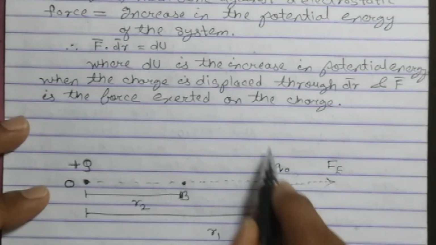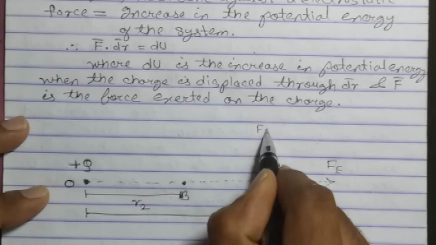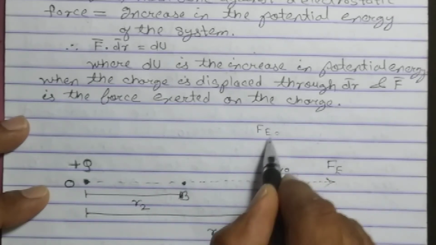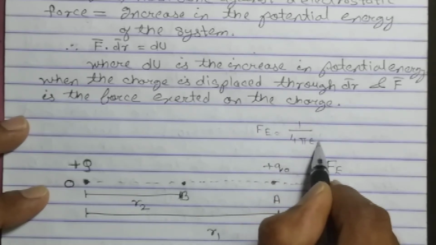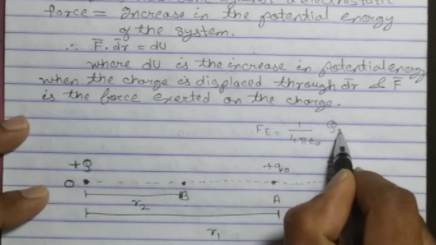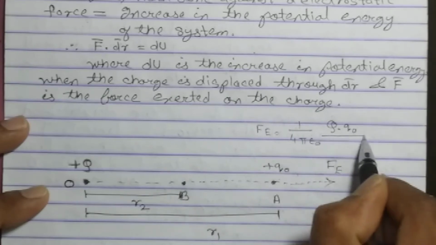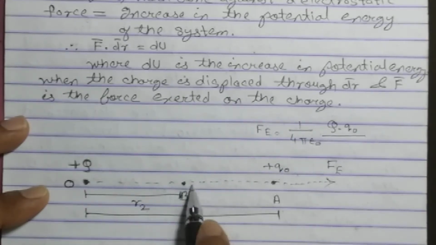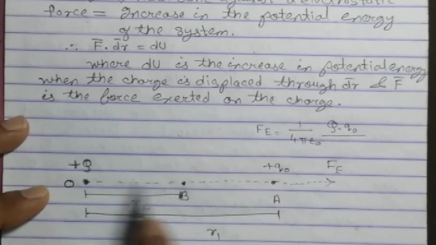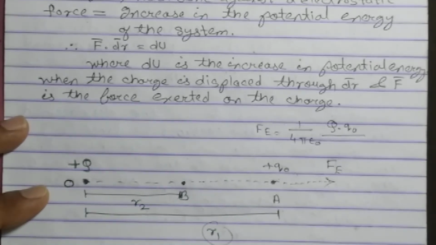What is this electrostatic force? Magnitude of this electrostatic force, you know that according to the formula, electrostatic force is given by 1 upon 4 pi epsilon naught, product of the charges divided by the distance between them. So what is the distance between them, students? What you observe here? We observe here R1.